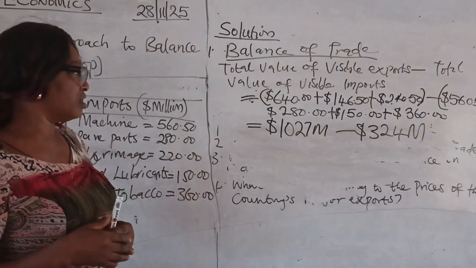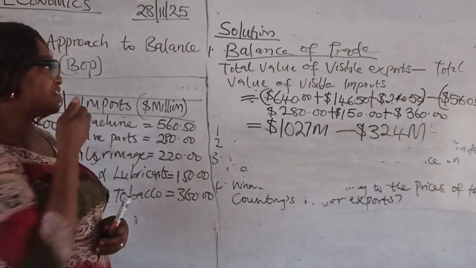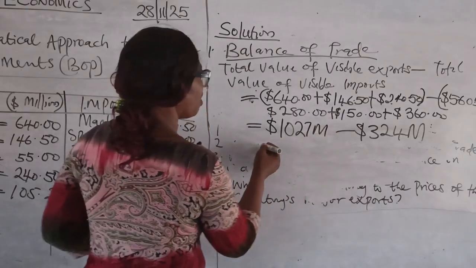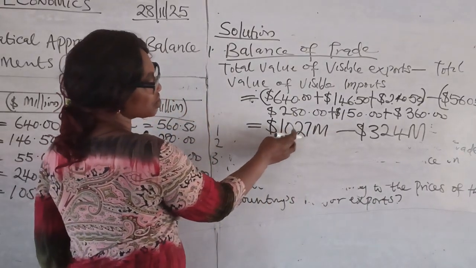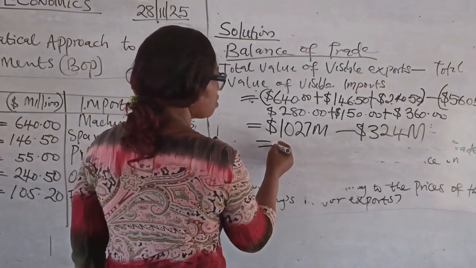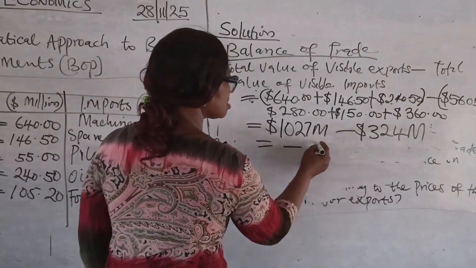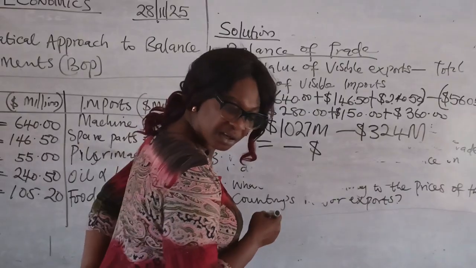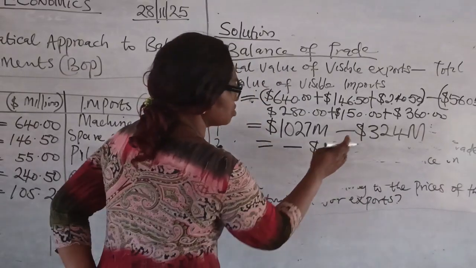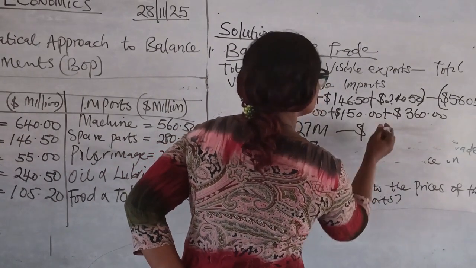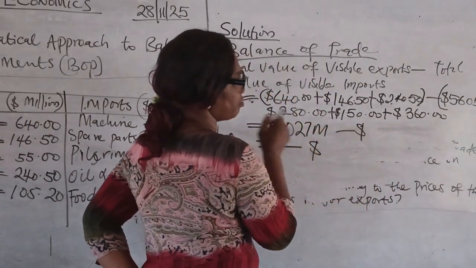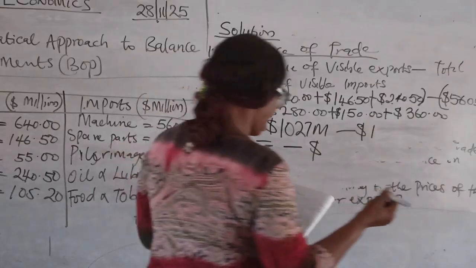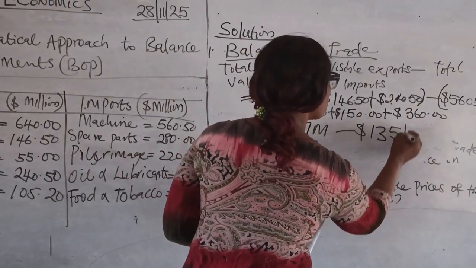So can we find the difference between the visible exports and visible imports? When we minus $324 million from $1027 million, we are going to have minus, we have 1 3, no, sorry, when we add our imports, we are going to have 1351.